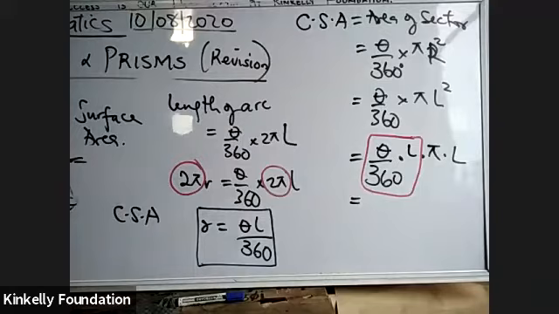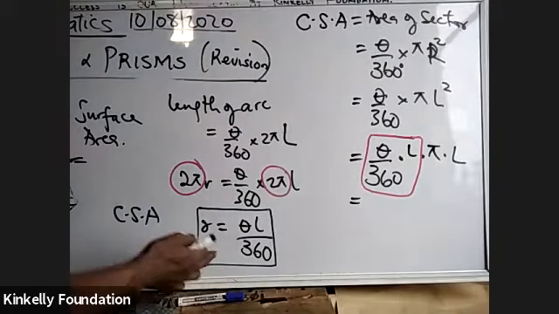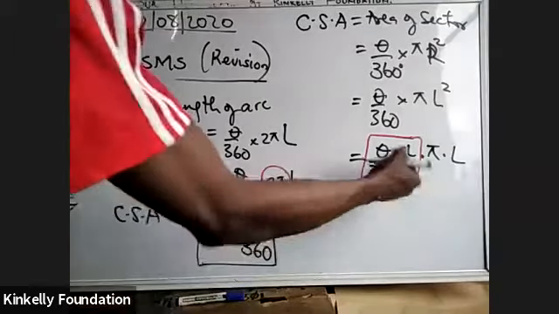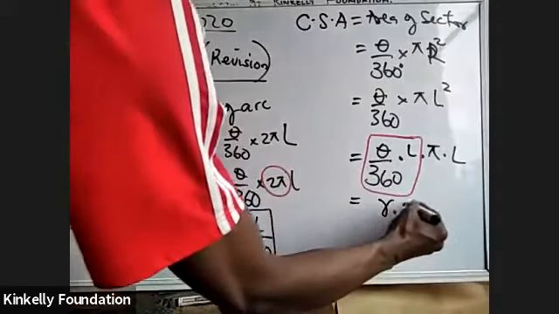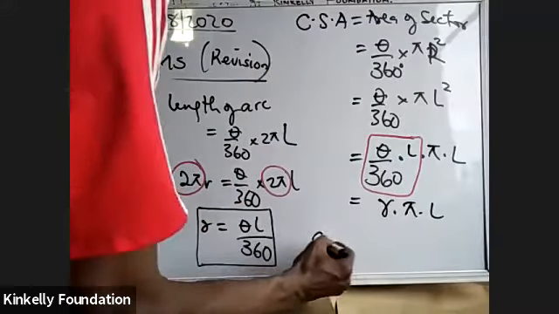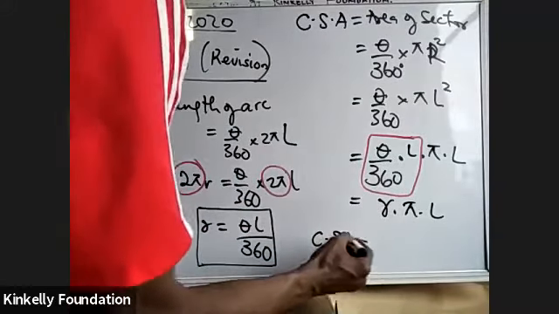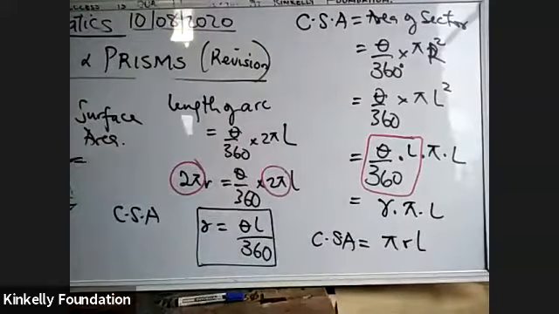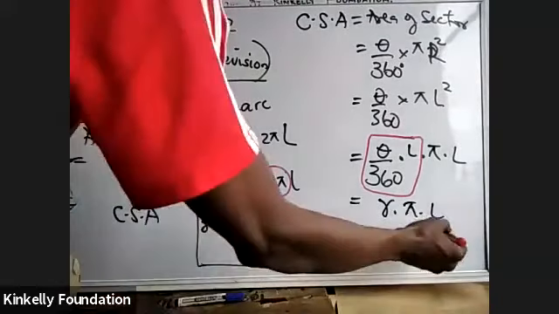Taking note of that, the whole of this is r times pi times L, which means that the CSA of a cone is pi r L. So take note of this formula.